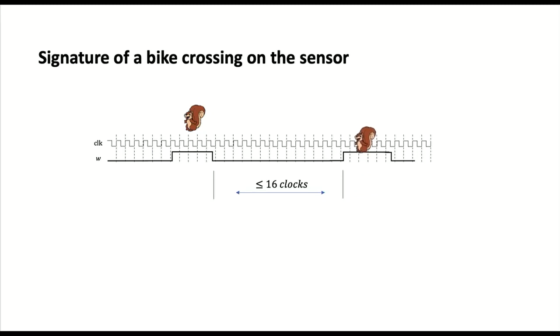Okay. All right, so our job is to build that component which will take the input W and clock and detect whenever we see this pattern. W going high for any number of clocks, then low for at most 16 clocks, then going high again, any number of clocks, and then once it goes low, we will say that was a bike.